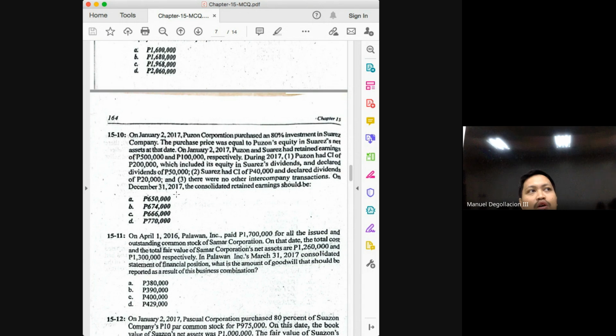So if we are trying to solve for the retained earnings of the consolidated entity, then the profit that you should be adding should be the profit of the consolidated entity. Okay? And it's that simple, class. RE of the parent, use the profit of the parent. RE of the subsidiary, use the profit of the subsidiary. RE of the consolidated entity, use the profit of the consolidated entity.